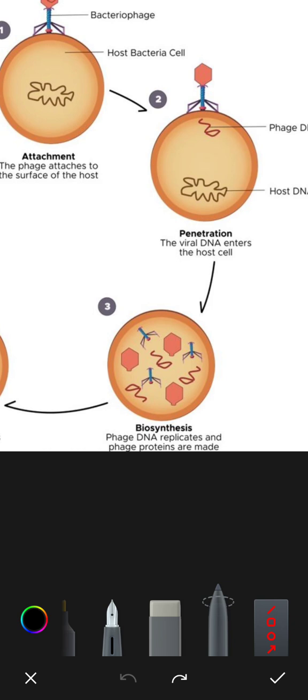At the same time, the replication also occurs of the double stranded DNA, and that degraded bacterial genome is also used to synthesize the structural components of the new phages.